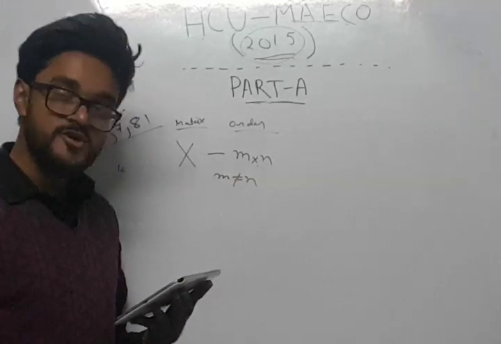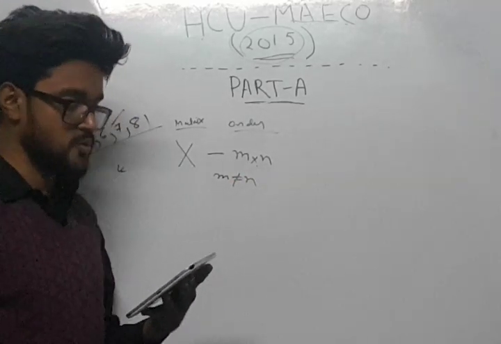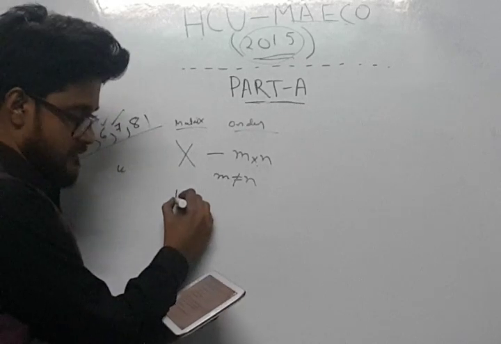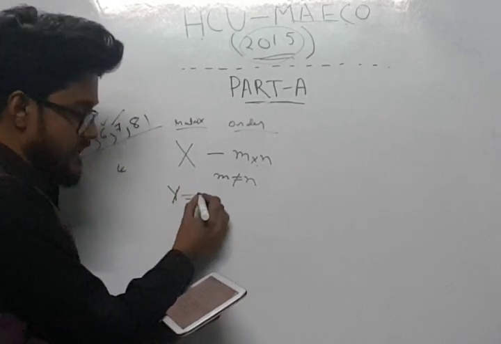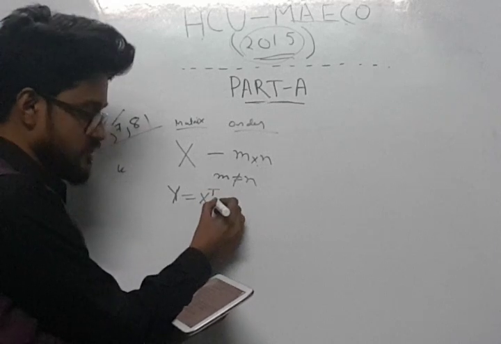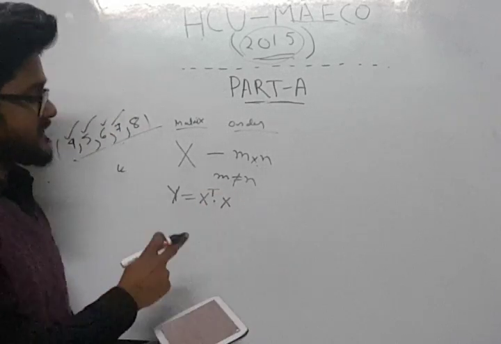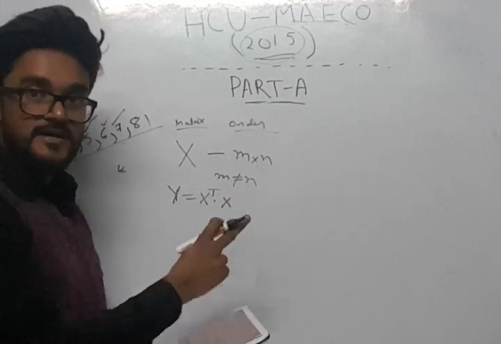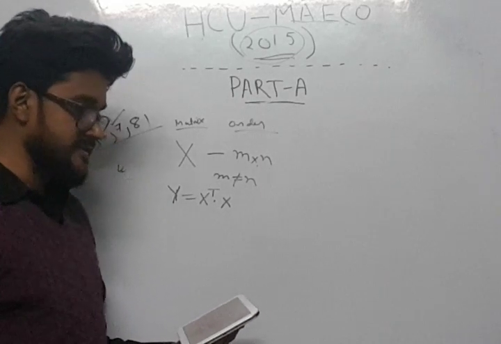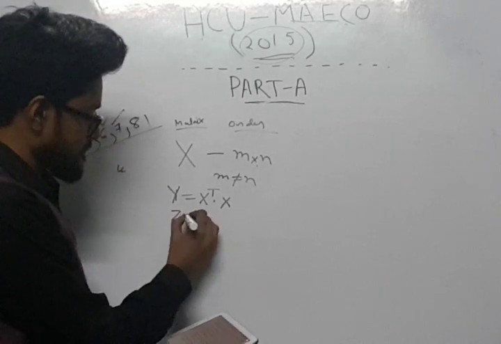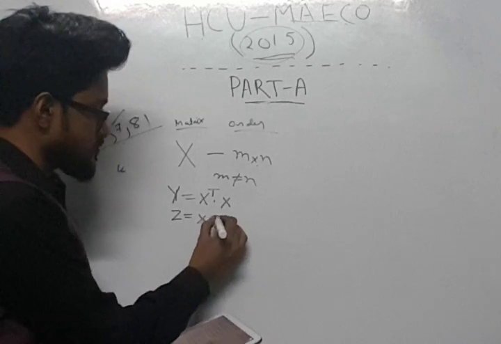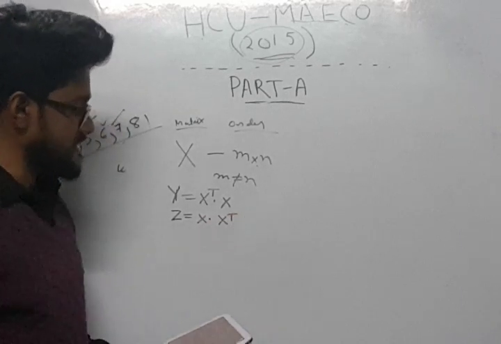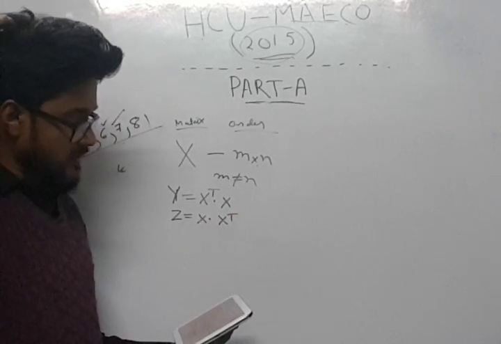Now let Y equal X to the power T into X. Y is given by X transpose X. And Z is given by X into X to the power T, X X transpose.